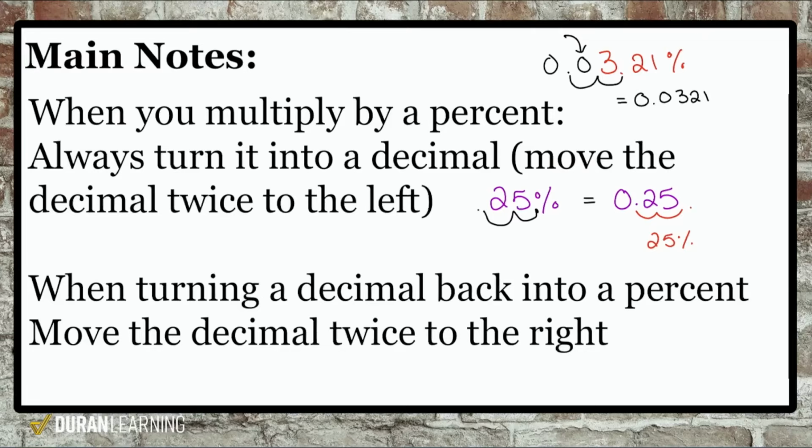Now, I want to be very careful when I say this, because this is only for converting percentages to decimals and decimals back to percentages. There is a separate rule that we follow when it comes to multiplying the actual decimal. My party people, are you hearing me?